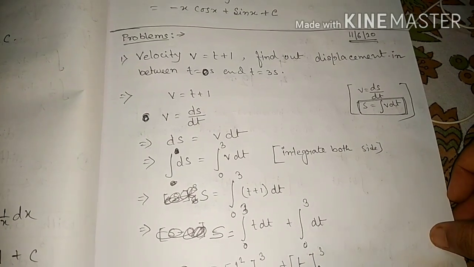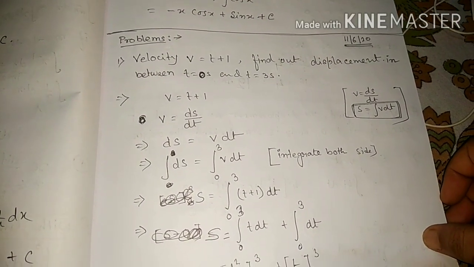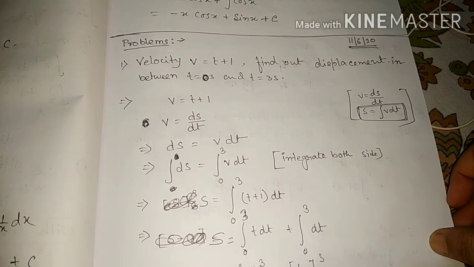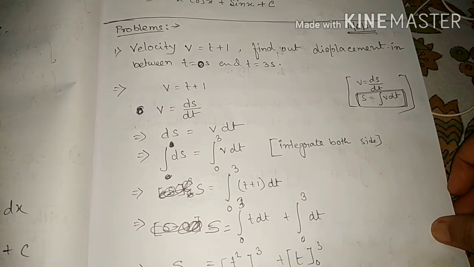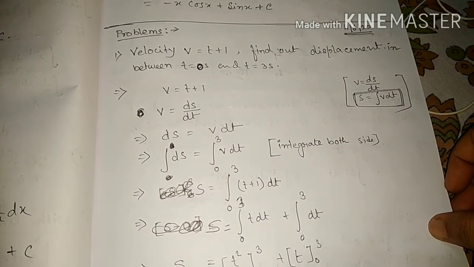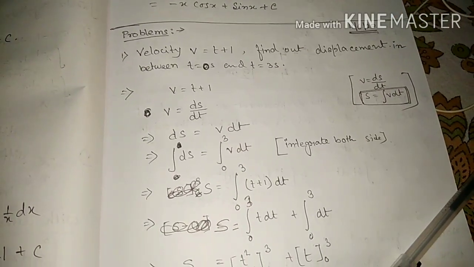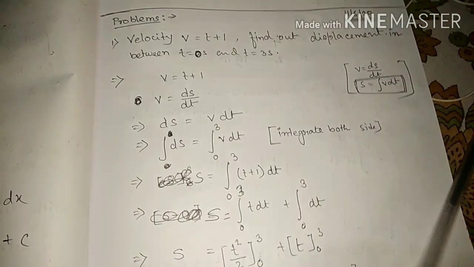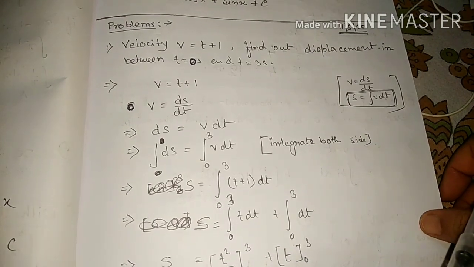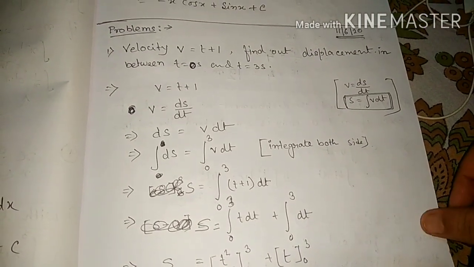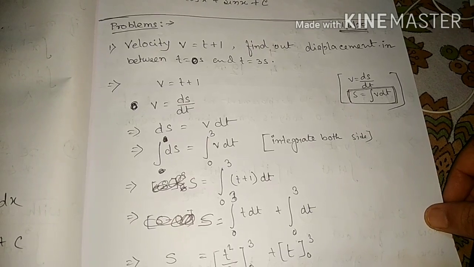In last class we discussed the concept of integration, and we learned that integration is the reverse of differentiation, along with some basic formulas of integration which we use to solve numericals in physics.